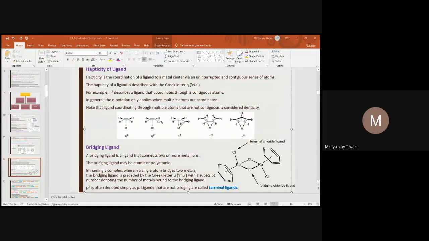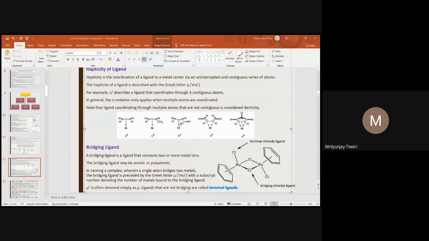Let us now look into the coordination sphere. The coordination sphere is nothing but the coordination entity that we described earlier. The central atom or ion and the ligands attached to it are enclosed in square brackets and collectively termed the coordination sphere, also called the coordination entity.